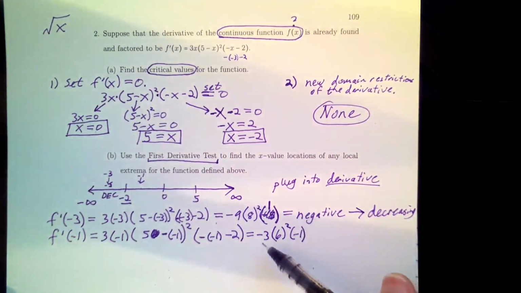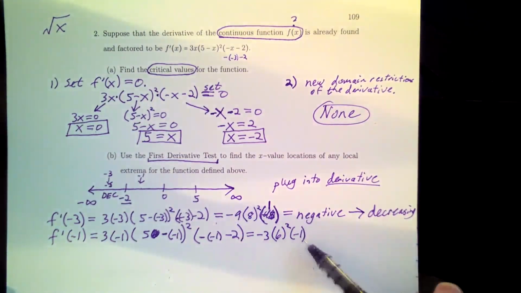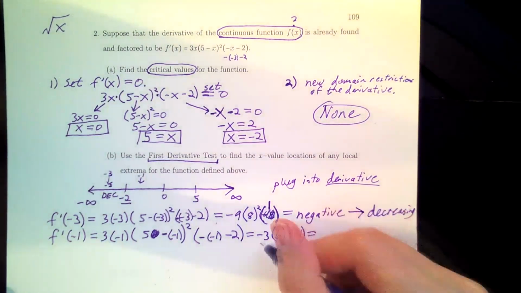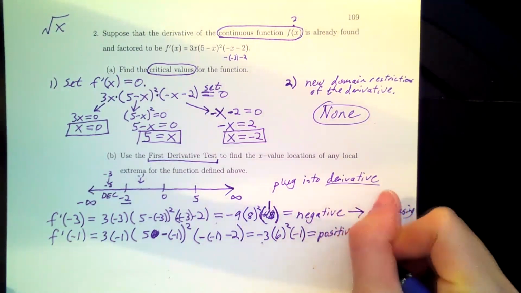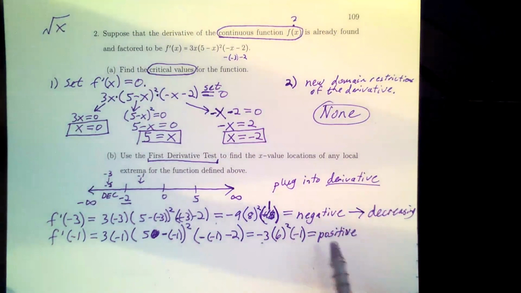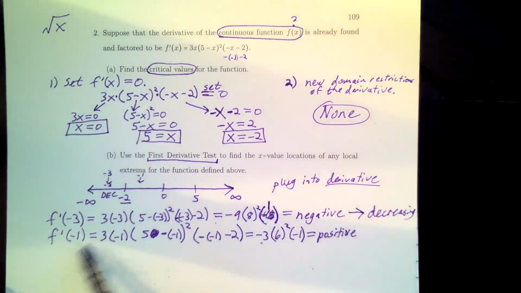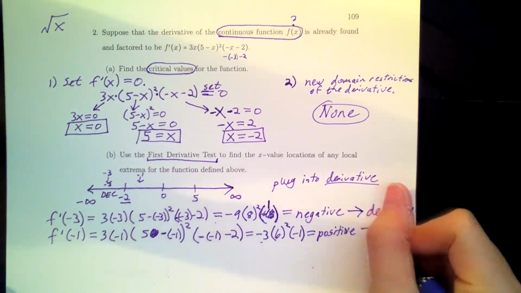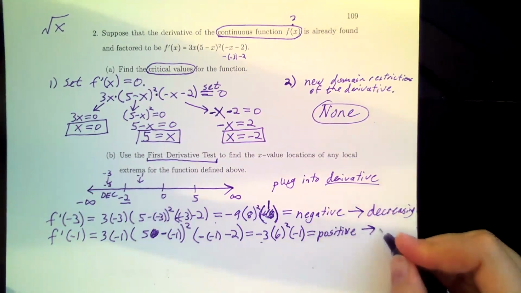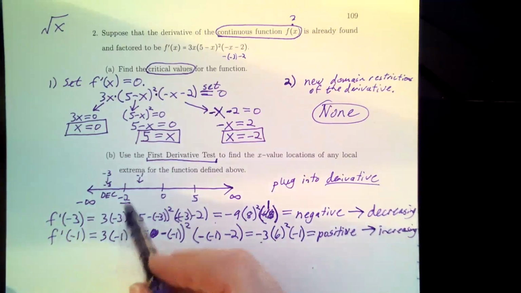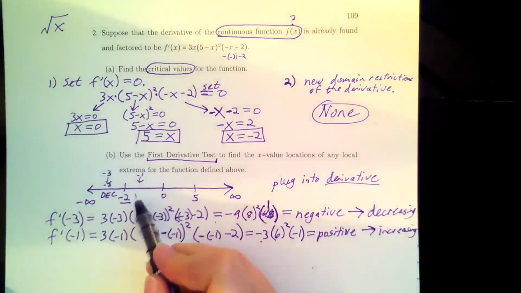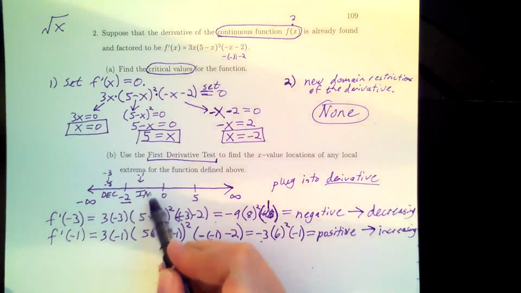So we get a negative times a positive times a negative. You can punch this out if you like, but a negative times a negative is a positive. It would give you a positive number. Because you get a positive number out from the derivative when you plug in -1, that means that your function is increasing there. Your original function has to be increasing. So from the region I picked -1 from, we'd say my function is increasing there.